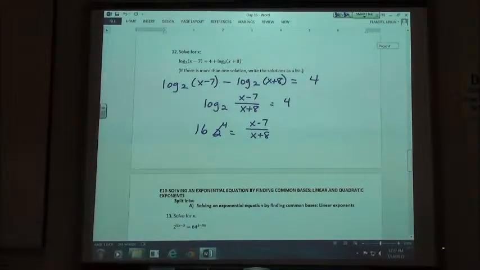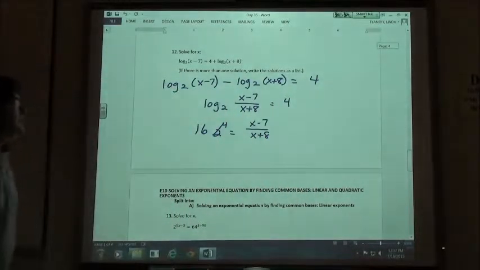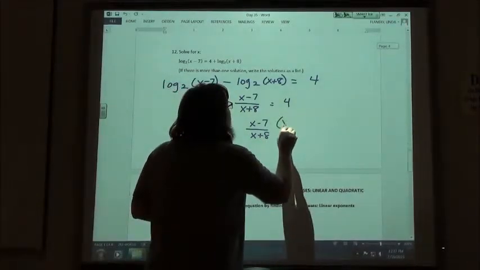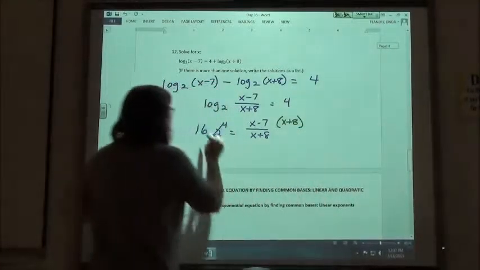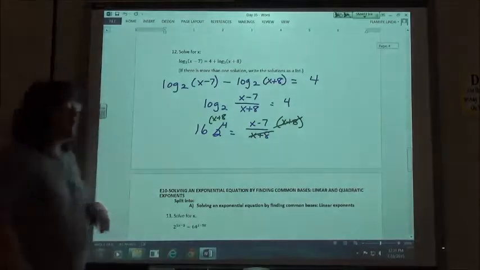So when we solve that one, since we have a fraction, we should do what next? Don't think so? How do we get rid of the fraction? Multiply, right? We're going to multiply by the x plus 8 so we can cancel the fraction out of there.